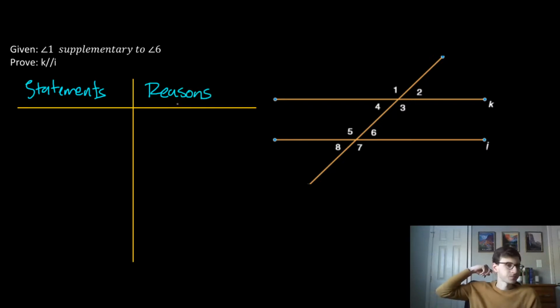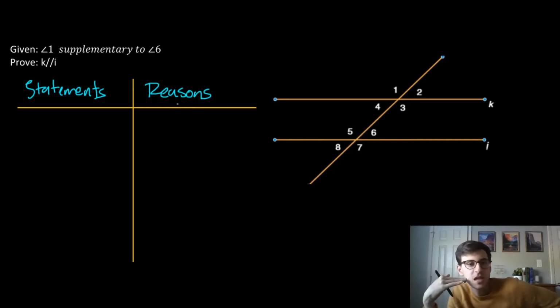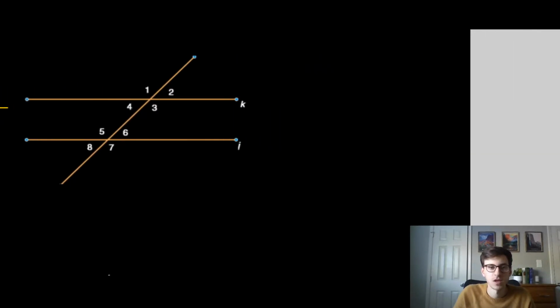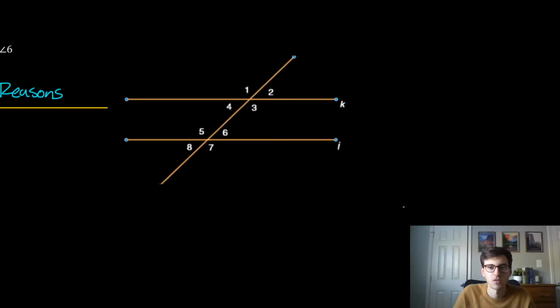Okay, so with any proof, just to get you thinking through the thought process of how we go through a proof, let's try to start from the end and work towards the beginning. So this is me just brainstorming right now. I know that 1 and 6 are supplementary, so I'm going to give myself some space to work over here.